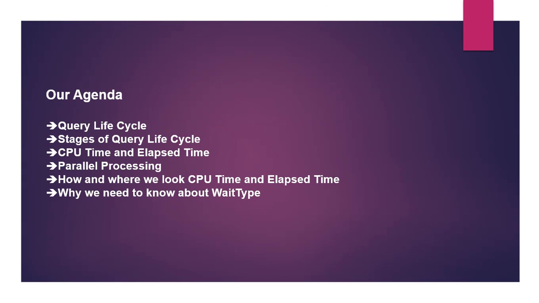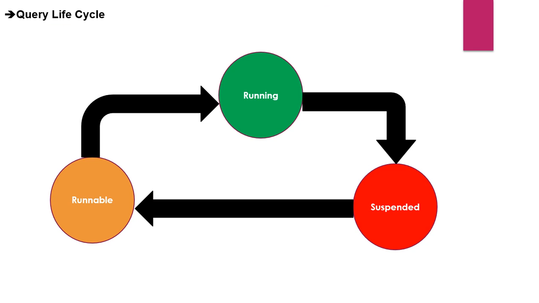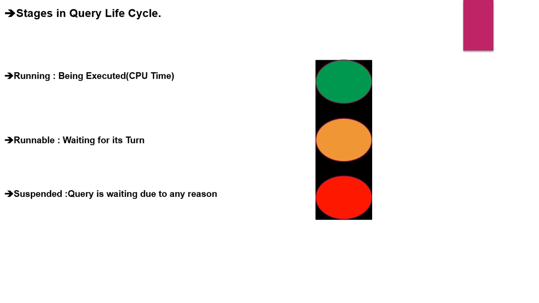Let's start with the query lifecycle. Whenever we execute a query against SQL Server, it can be in three different stages at any time: the running stage, runnable stage, and suspended stage. Let's see the detailed stages. Running stage means SQL Server is actually using SQL resources like CPU time, memory, and storage to execute the query.